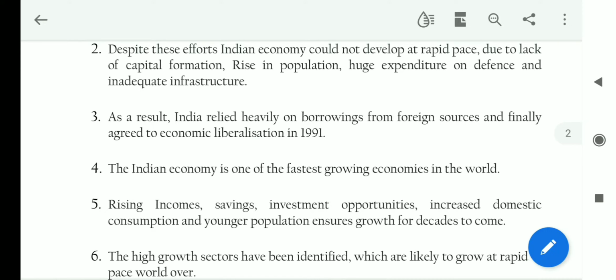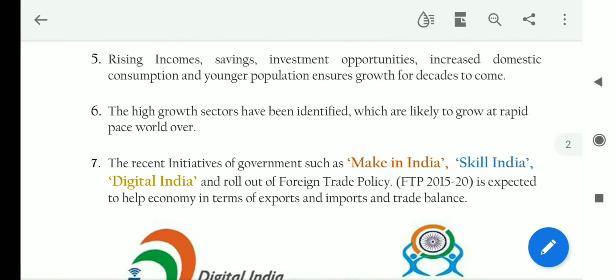As we have learned how India started rebuilding and re-industrialization, that was a signal that in future India will develop. Then sixth, high growth sectors have been identified which are likely to grow at a rapid pace the world over.